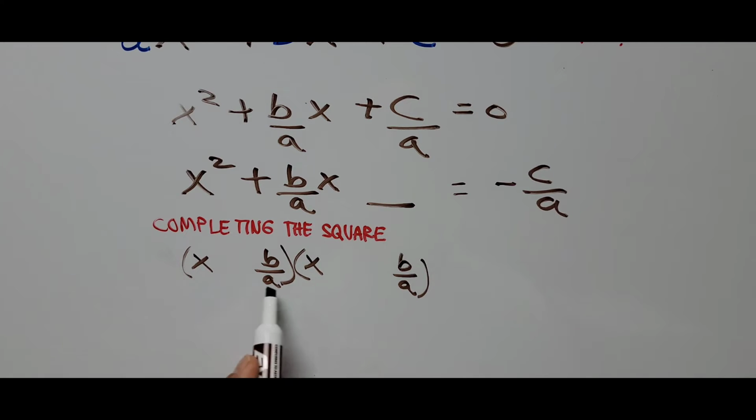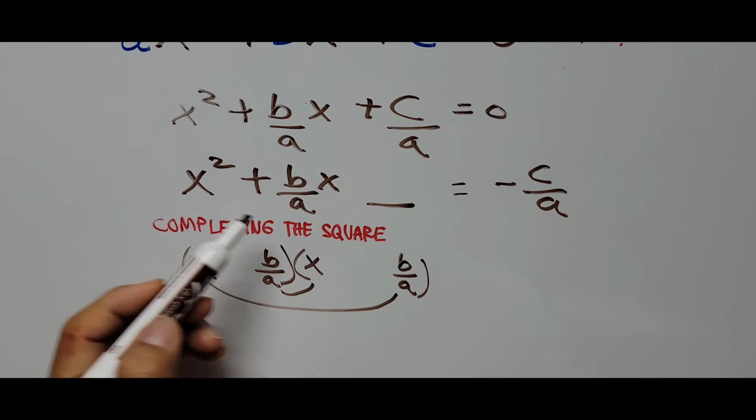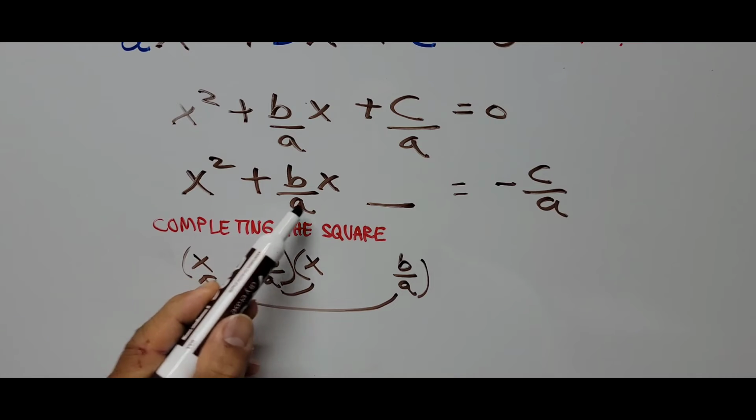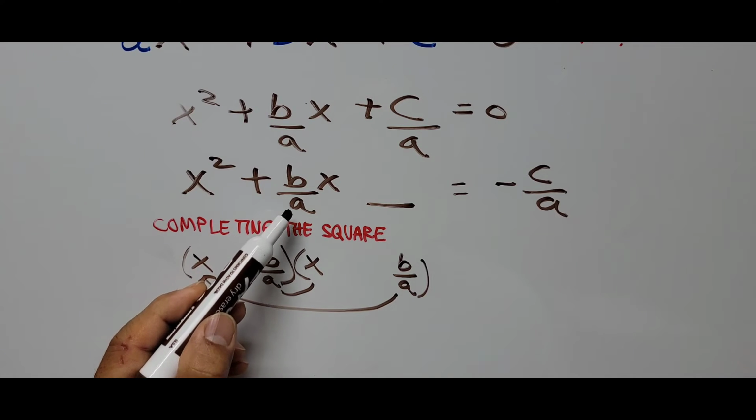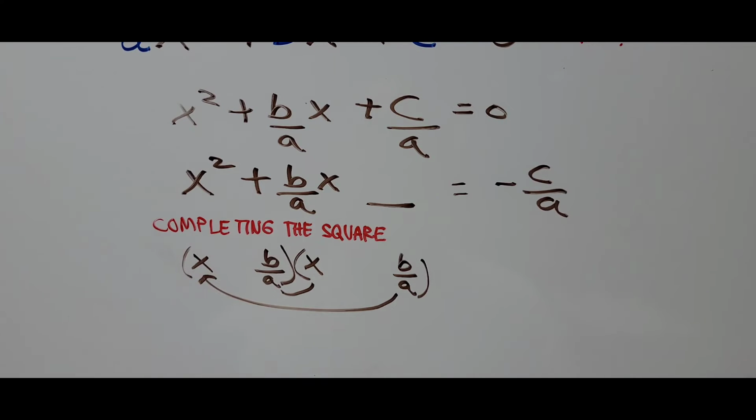Now if you add up the ins and outs of the terms of these two factors in the parentheses, we should end up with the coefficient of x in the second term, b over a. So if you do that, b over a x times 2. Since you're adding, that will be just 2b over a. So it's not b over a. What does that mean?